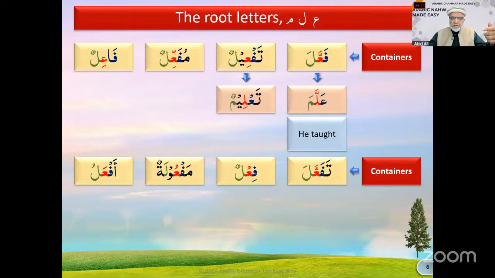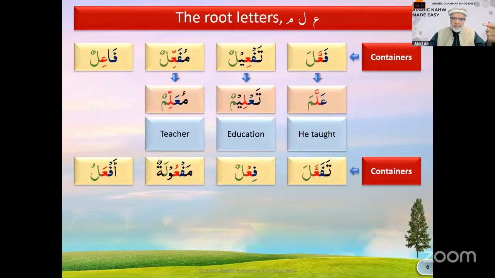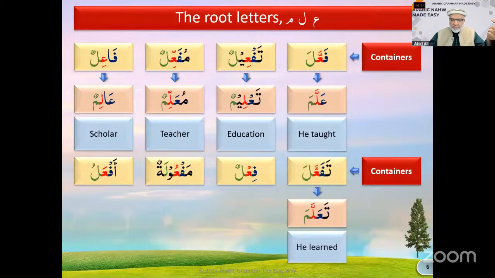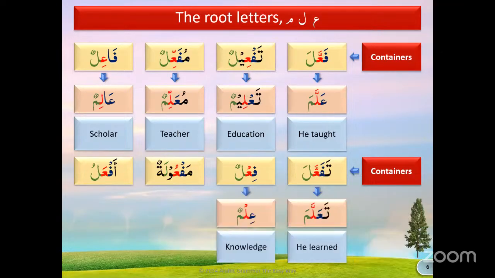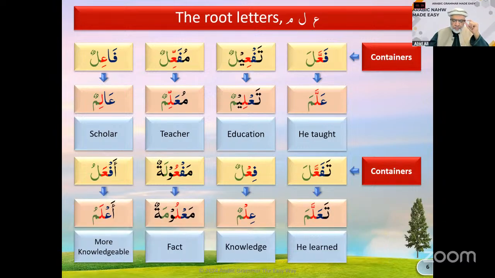Taf'ilun will become ta'limun, that is education. Mufa'ilun, that is muallimun. Yes, muallimun is ismul fa'il. Fa'ilun, then it will become alimun. So that means scholar. Tafa'ala, ta'allama, this one is ilmun, ma'lumatun, and this will be a'lamu, right?